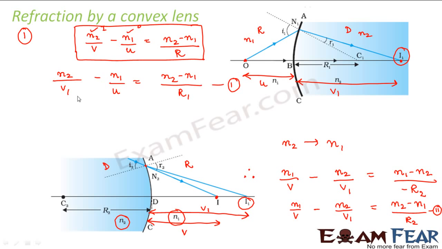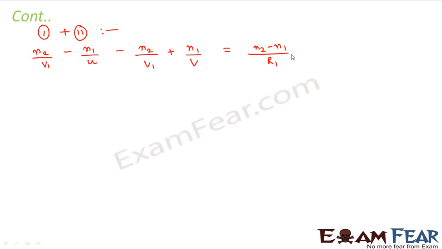So now we will add equation 1 and equation 2. What will happen if I add equation 1 with equation 2? These two terms will cancel, N2 by V1 and N2 by V1. So this will give N2 by V1 minus N1 by U minus N2 by V1 plus N1 by V is equal to N2 minus N1 by R1 plus N2 minus N1 by R2.